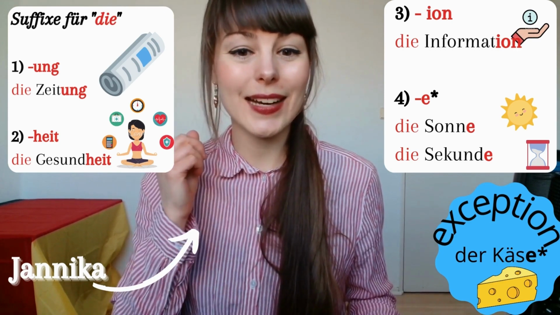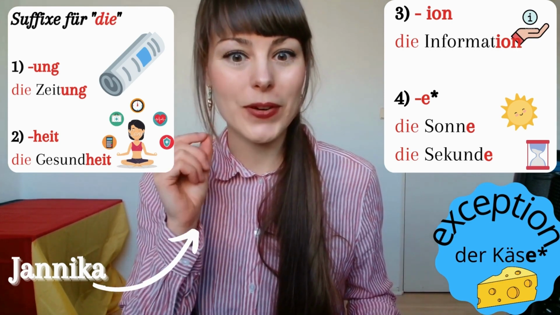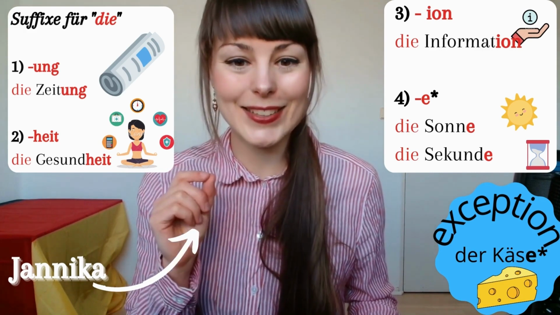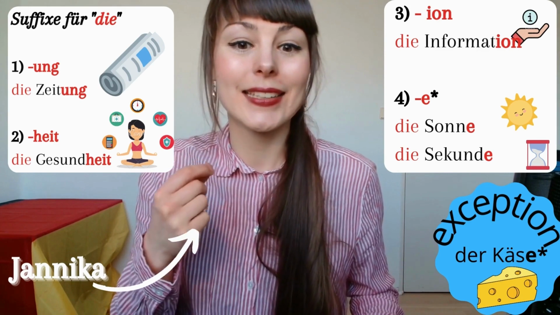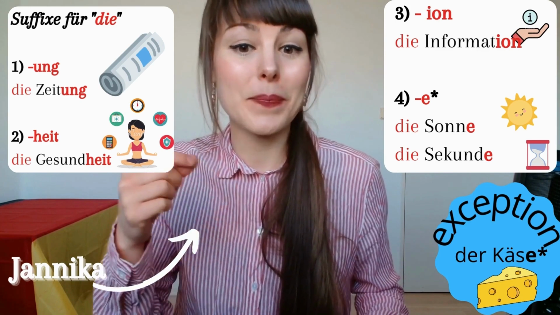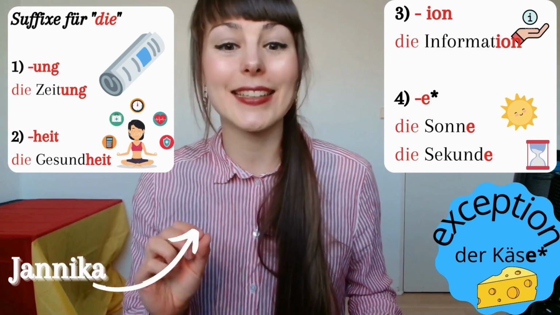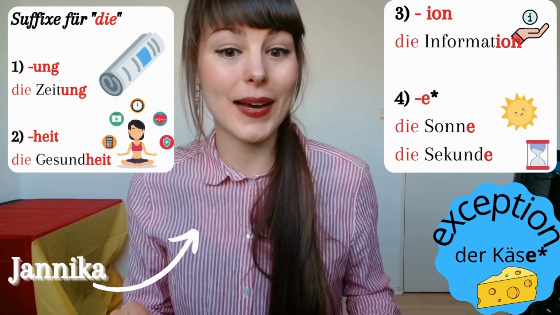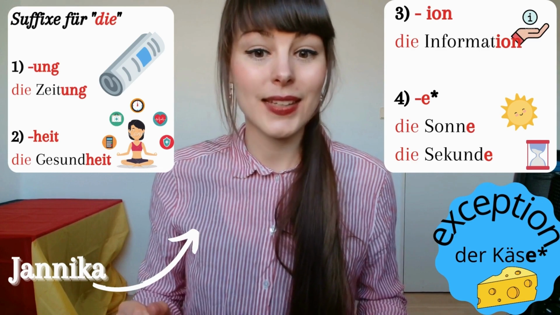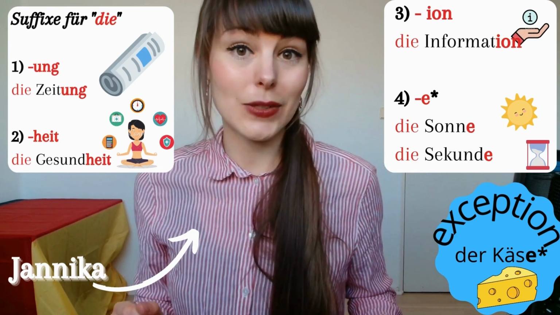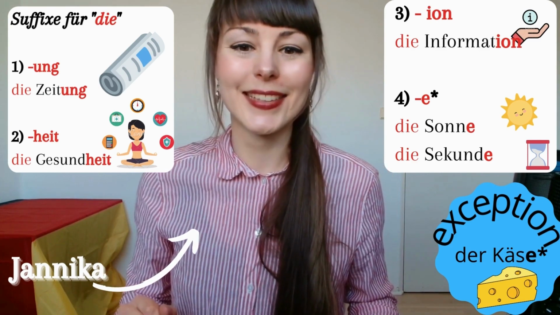Please take care of the pronunciation, because many English speakers pronounce it in an English way and say die Information. That's not right, it's die Information. Another example: die Reaktion, the reaction.